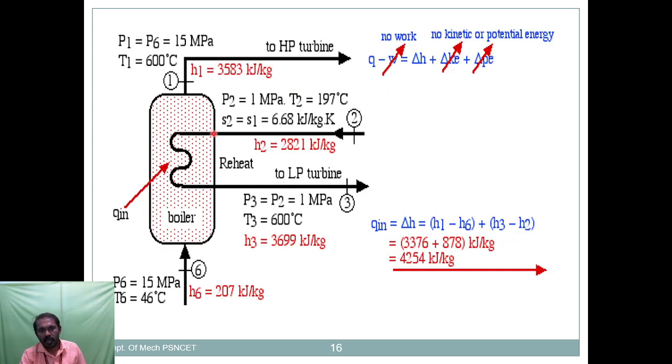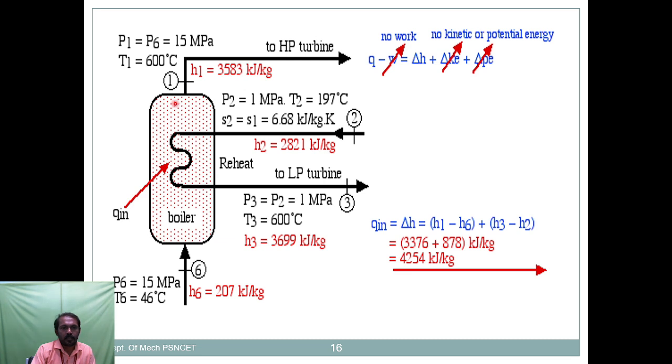So it is a small calculation. In case the pressure released from the condenser is 15 megapascal and the temperature 46 degrees Celsius, we assume, I mean we have simple calculations. Right? It's a simple calculation. Boiler: we already discussed it is a heat adding process.